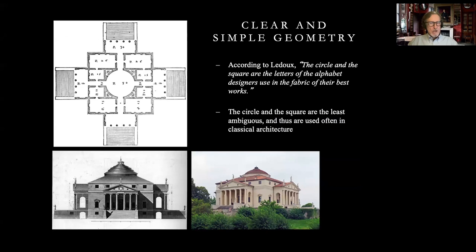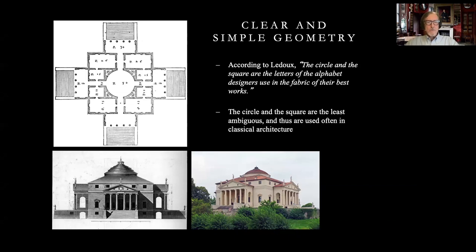Clear and simple geometry. The geometries used in classical architecture are clear, simple, and understandable. Ambiguity is discouraged in the pursuit of legibility. Remember when we spoke about architecture as a language? The classical language is designed to be understandable, the better to reliably communicate, even to those without special knowledge.